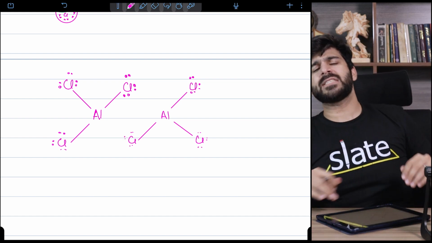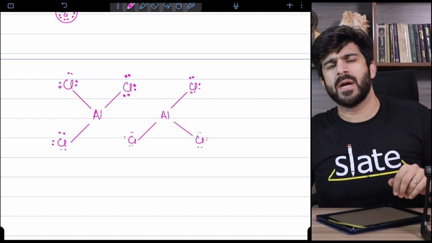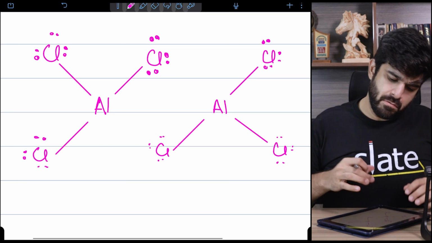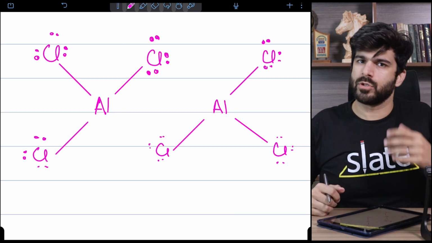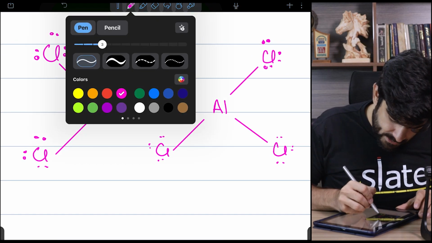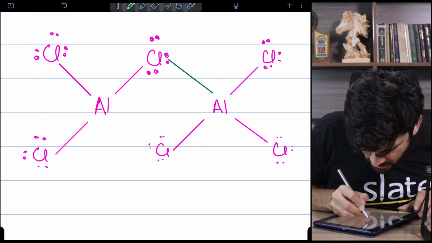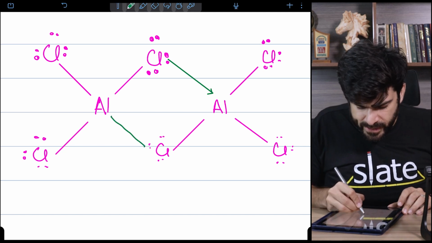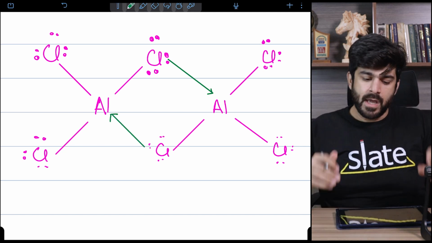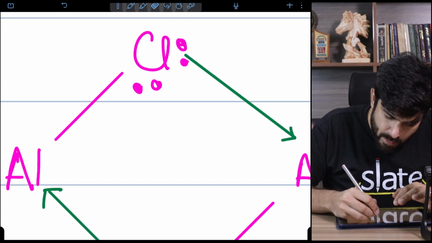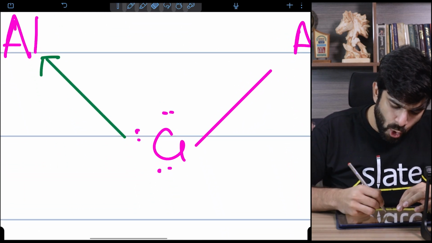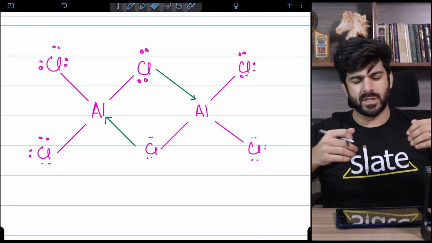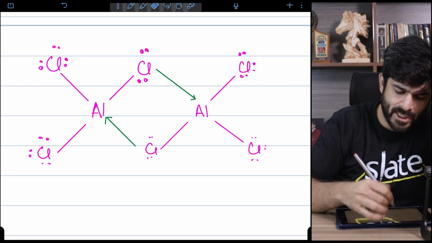So what happens at this high temperature? Both the aluminums have a capacity to receive 1 electron pair. Both have too many chlorine atoms. This chlorine is going to donate its pair here, and this chlorine is going to donate its pair here. And when you do the donation part, you remove the electrons because they are not lone pairs anymore. They participate in bonding. And that, my students, is the structure of Al2Cl6.